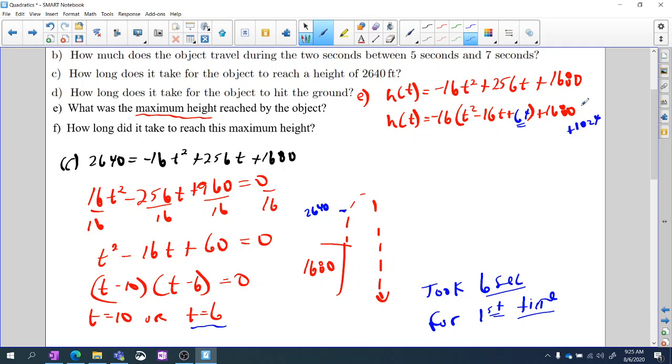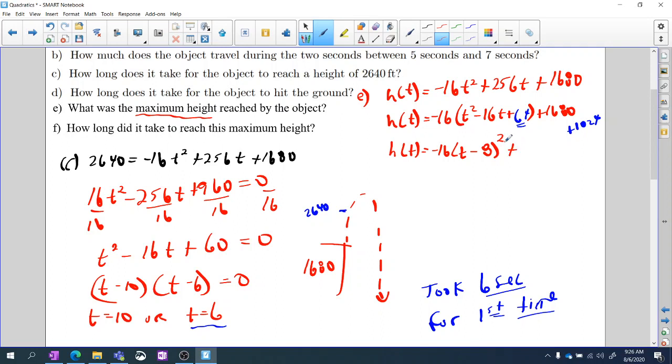I'll just squish it down here. Don't have room right beside it. And now let's go to vertex form. So vertex form would be negative 16, square root of the first, sign of the middle, square root of the last one, all squared.